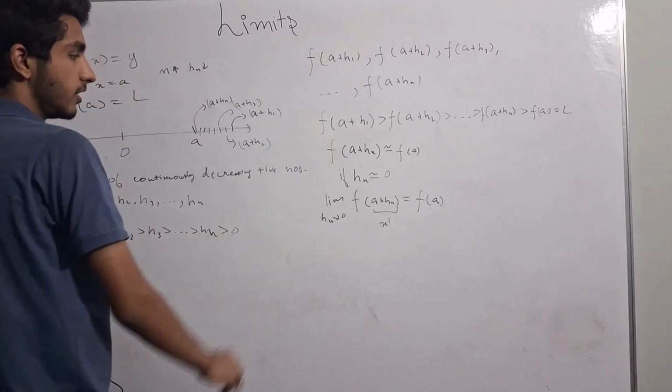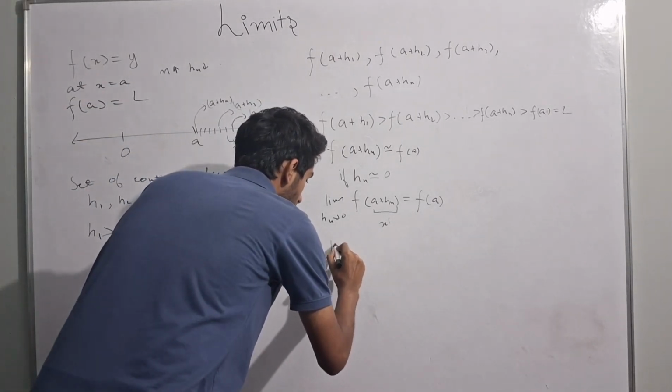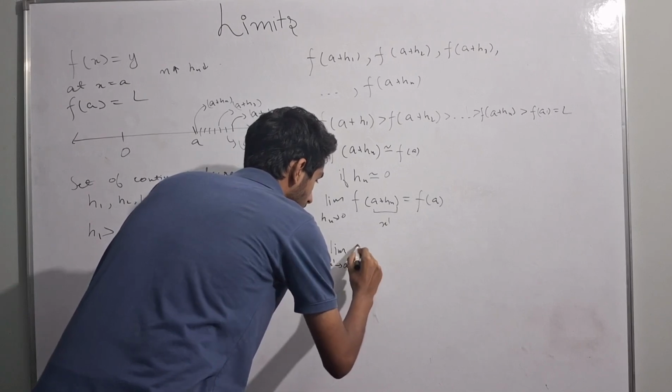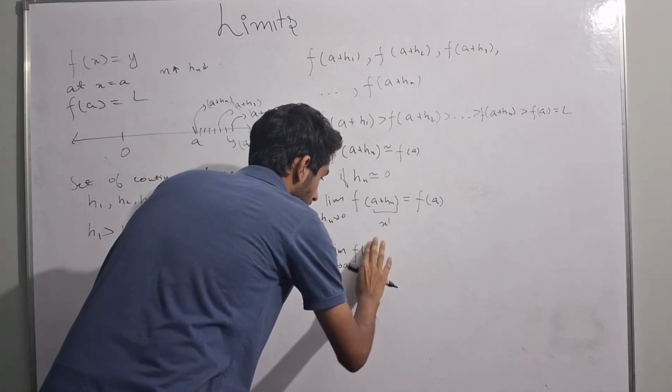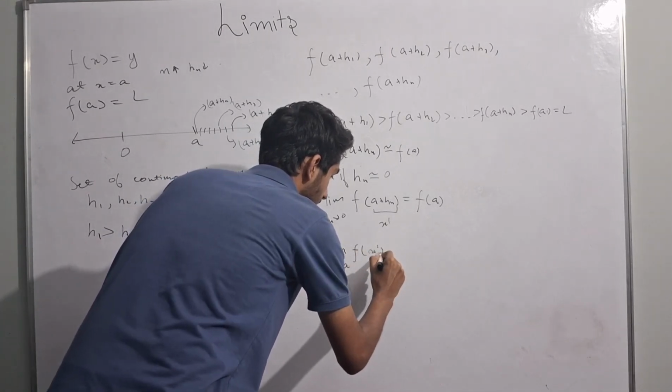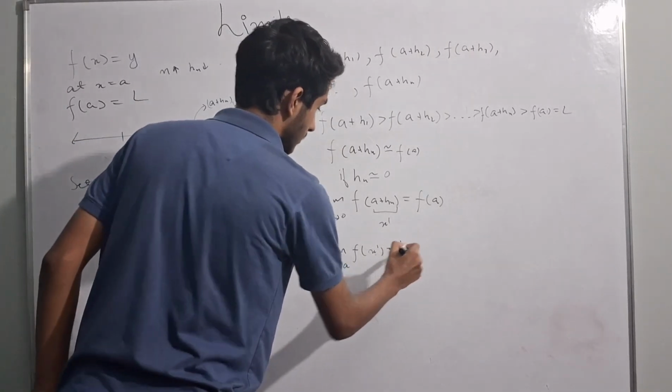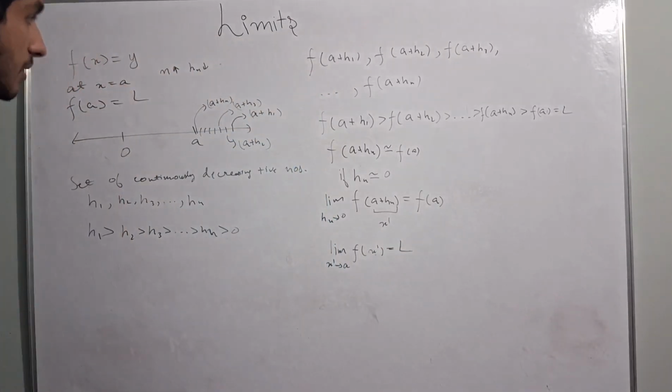So I can rewrite the equation as limit x prime tends to a, function of x prime is equal to L. So this is what a limit is.